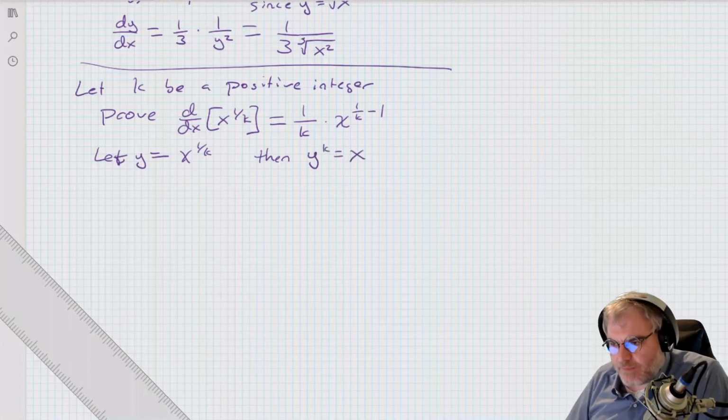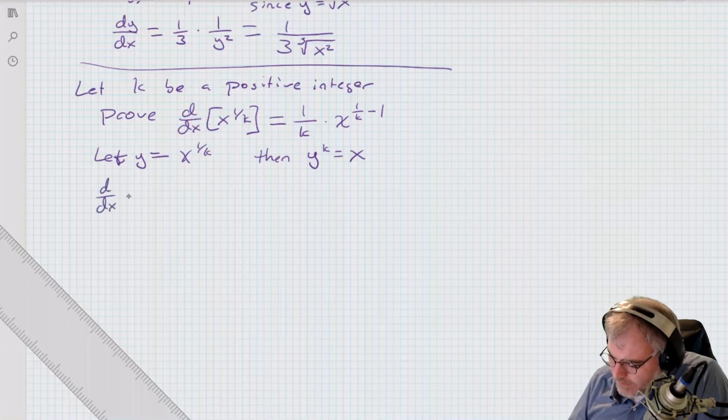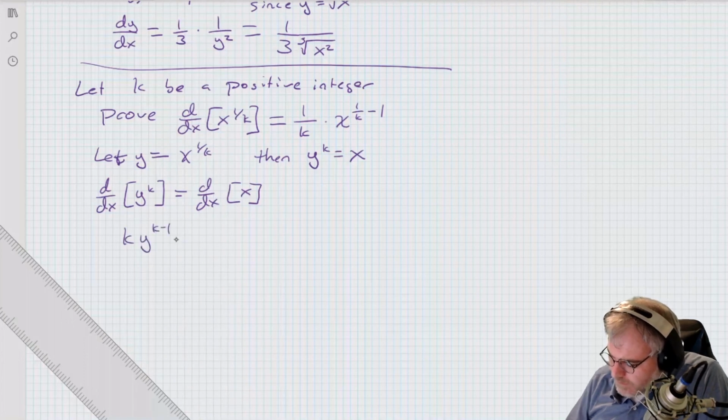I'm going to take the derivative of both sides. d over dx of y to the k equals d over dx of x. This right here will equal k times y to the k minus 1 times dy over dx.